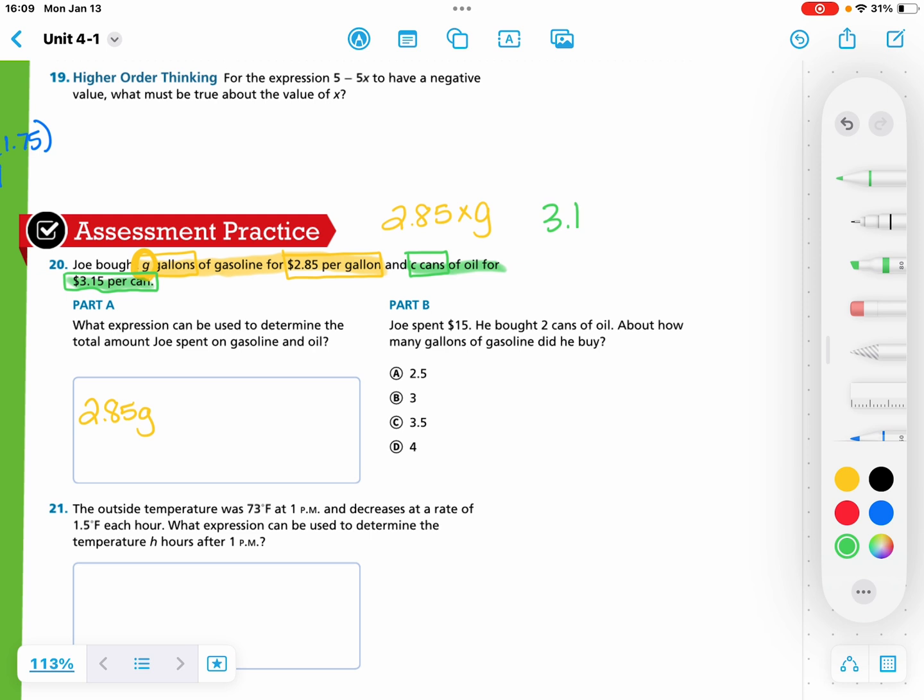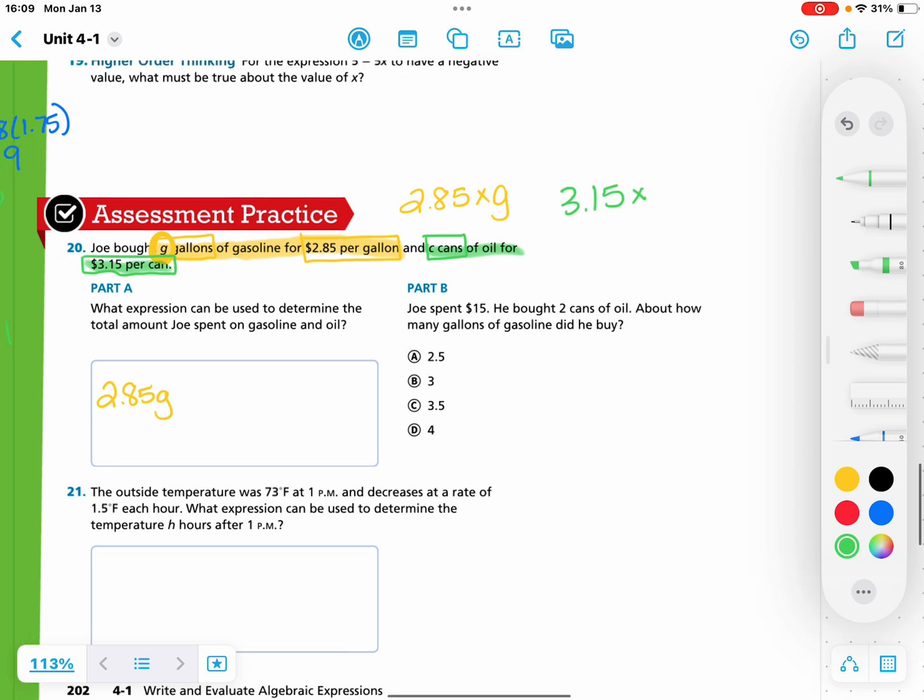So $3.15 per can is represented with multiplication. Just because we don't have a number doesn't mean we can't still put that C. We're going to use that letter as a placeholder for now. So therefore, I will also have 3.15 per can. Now, when we have a letter, we don't have to write times. We can simply leave it as C.